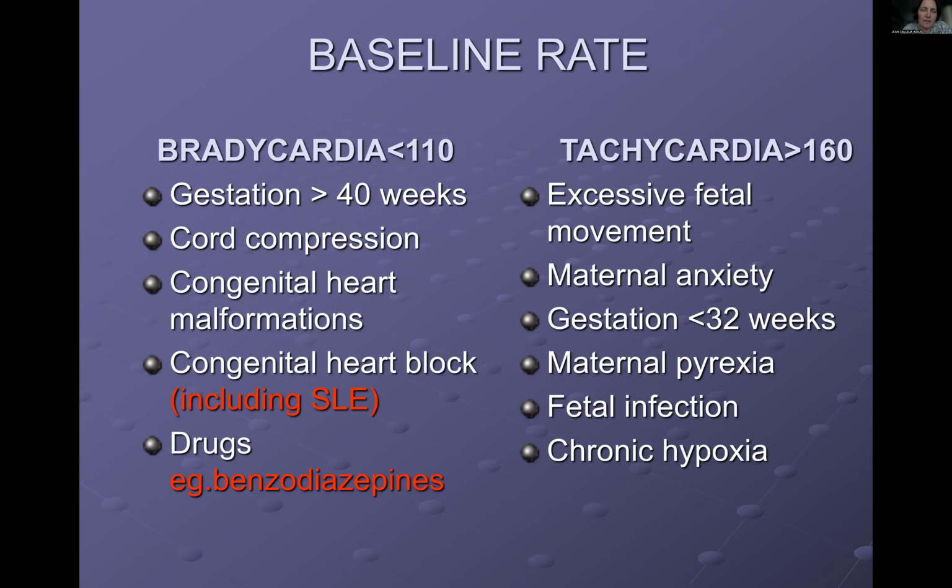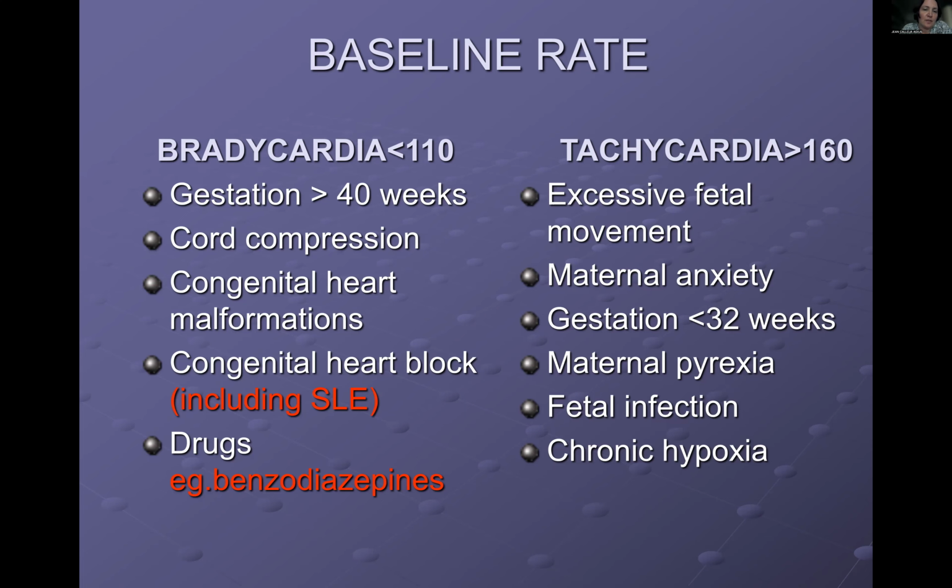And yes, causes of bradycardia, that is a low baseline rate. It can be physiological, especially if you're dealing with post dates, so the gestation is more than 40 weeks. But unfortunately, it could also be because there's cord compression, or if there are congenital heart malformations in the baby, or congenital heart block. There is a condition, systemic lupus erythematosus, which is an autoimmune condition affecting the mother.